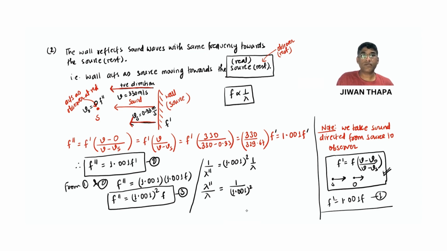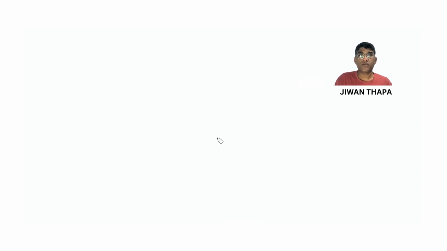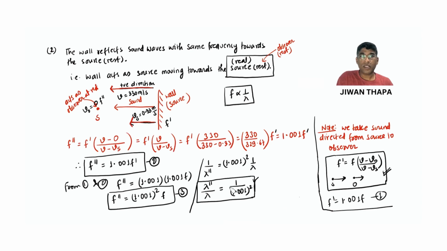Now we are going to simplify this expression: lambda double dash by lambda equals 1 by 1.001 whole square.